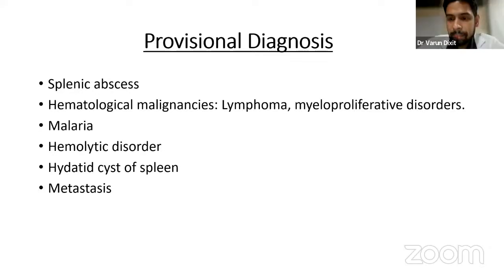What are the different methods of palpation of the spleen? So, the first method: standing on the right side of the patient, and after taking consent, we start.